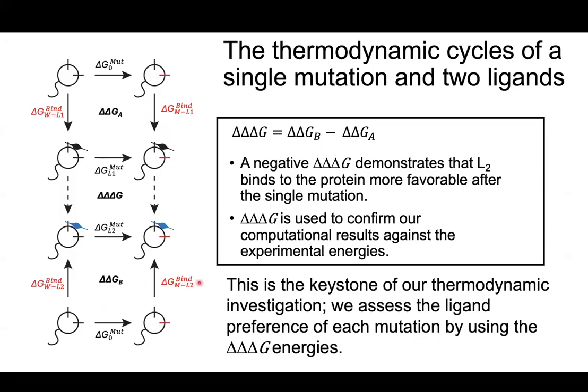So you have this mutation and you want to inhibit it. You construct a thermodynamic cycle like this. You subtract double delta G and double delta G, and this result gives you a negative energy. It means that for this mutation, the blue drug is more effective.